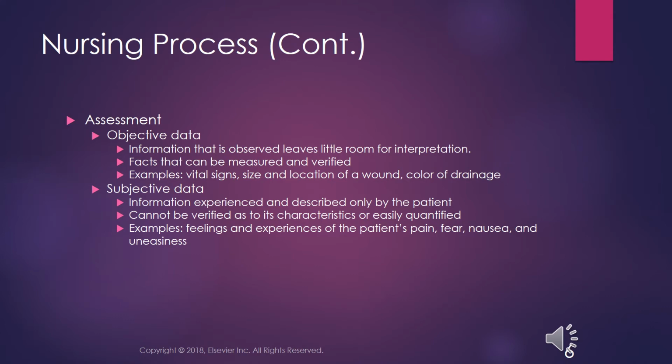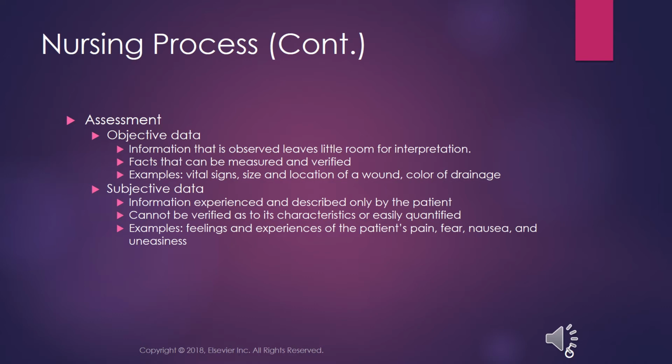Again, we see here what subjective and objective data entail. So objective data, that's information that is observed and leaves little room for interpretation, can be measured and verified, and we've already talked about kind of what that incorporates. Subjective data is the experience of the patient.